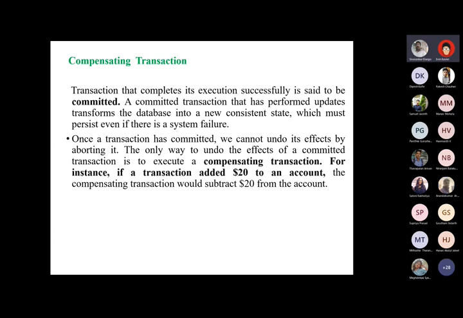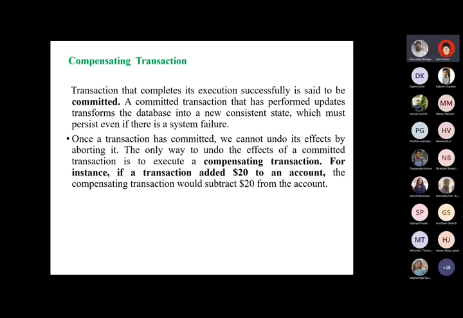Once a transaction is committed, you will not be able to undo the effects of the transaction. The only way to undo the effects of a committed transaction is to go for a compensating transaction.